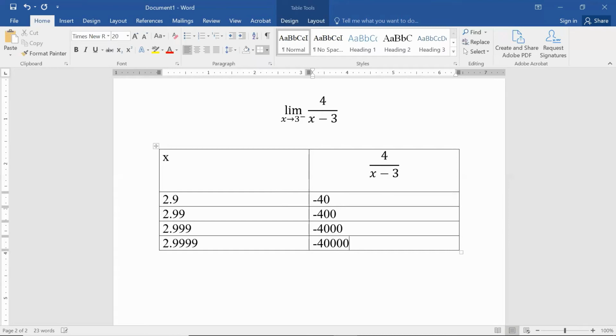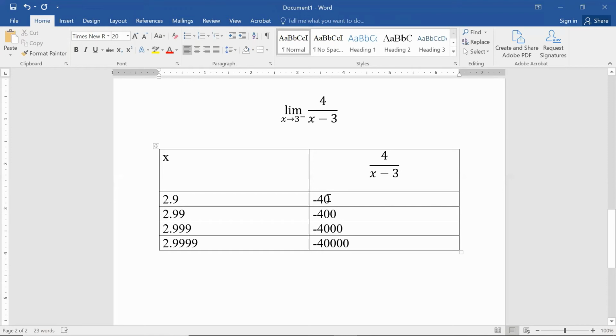So as our x values are approaching 3 from the left-hand side or from underneath, these numbers on the outputs just keep getting bigger and bigger and bigger in absolute value. But because they have a negative sign in front, they're actually getting smaller and smaller and smaller in real values. So in absolute value, they're getting bigger, but we're moving on a number line towards smaller and smaller values.